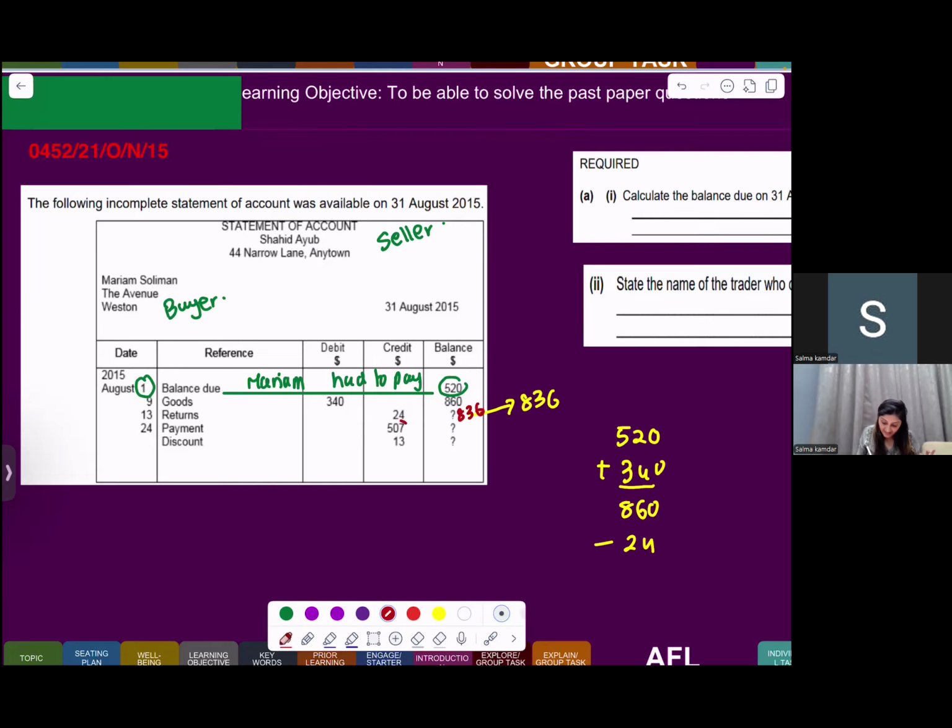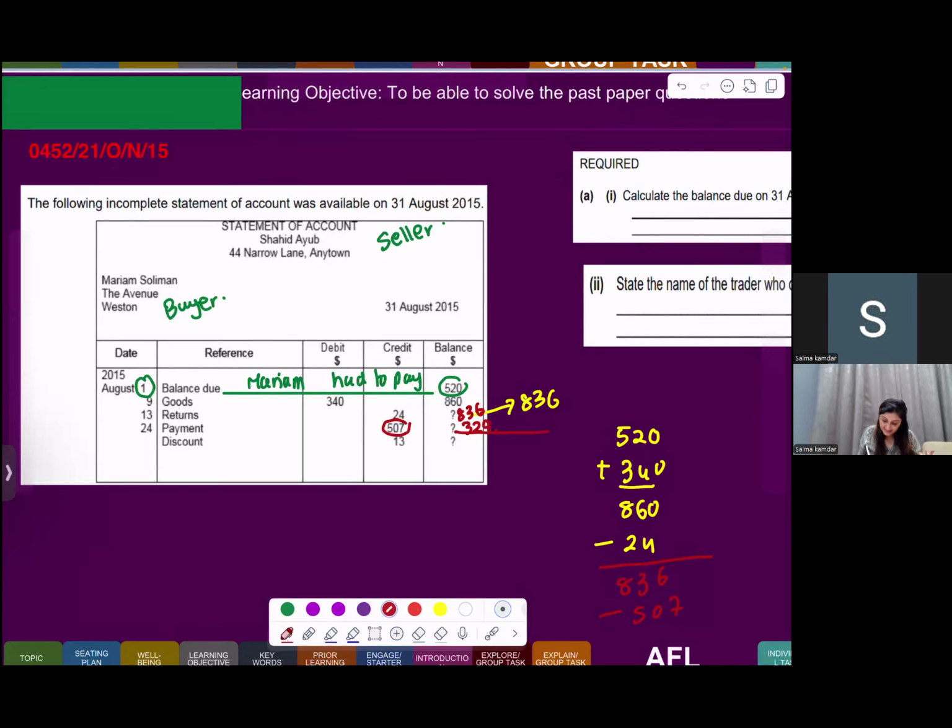Then she's paid 507. So from 836, because she's paid 507, I will deduct 507. So what is left is 329. Then she received a discount of 13. So 329 minus 13.